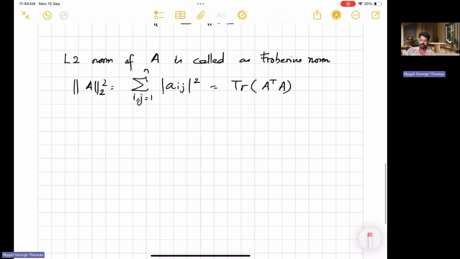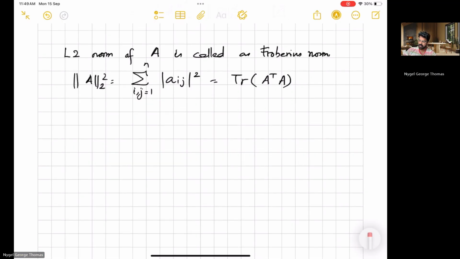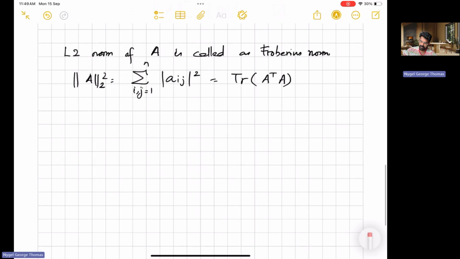So there is one more interesting property for the Frobenius norm. If A is equal to A1, A2, etc., AN, what I mean here is that you can express this as columns, right? A is a matrix.